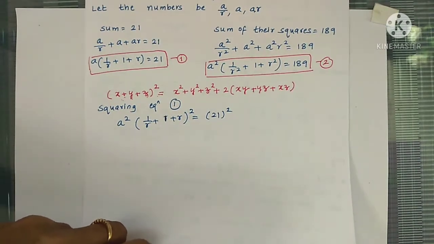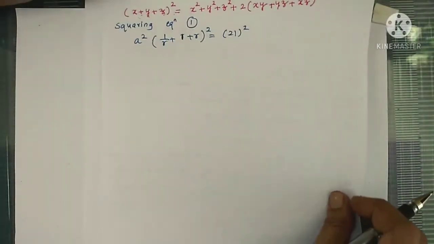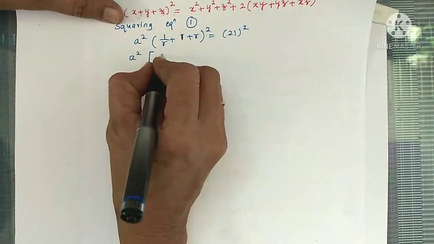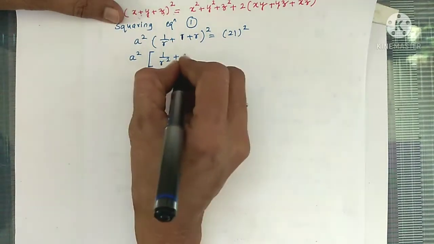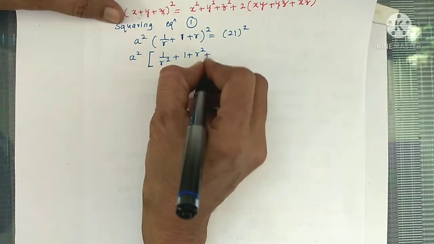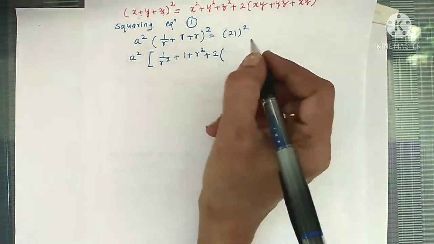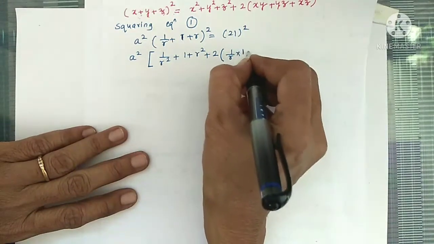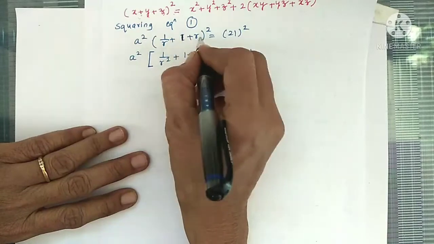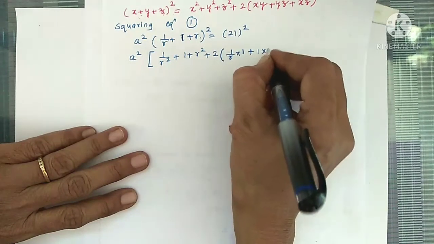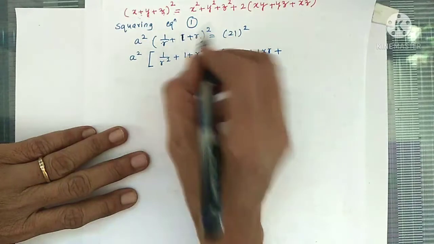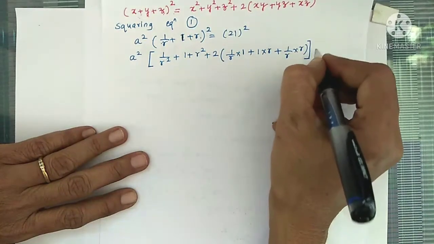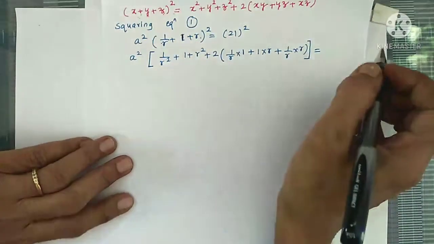So let's use this formula and square this. So this is A square. Now first of all we have to write the square of each term: 1 by R square, 1 plus R square. Okay. Then plus 2 into, now take the first and second term, so it is 1 by R into 1, plus the second and third term, 1 into R, and now the first and third term, so 1 by R into R. Okay, using the above written formula.